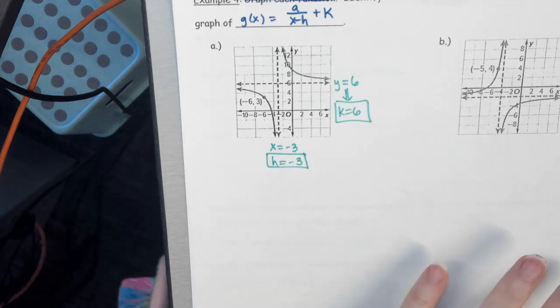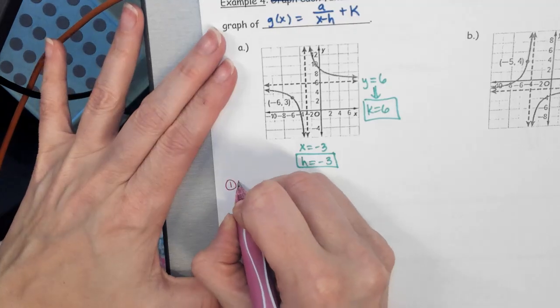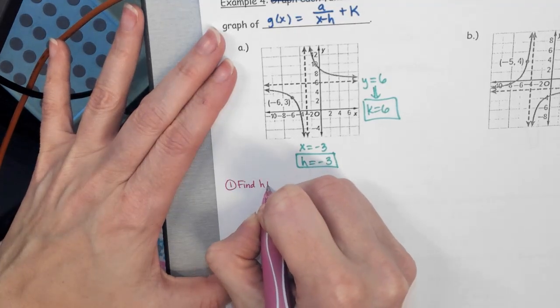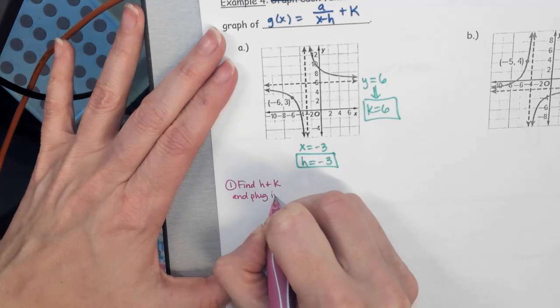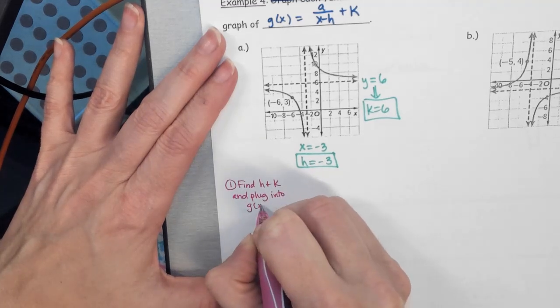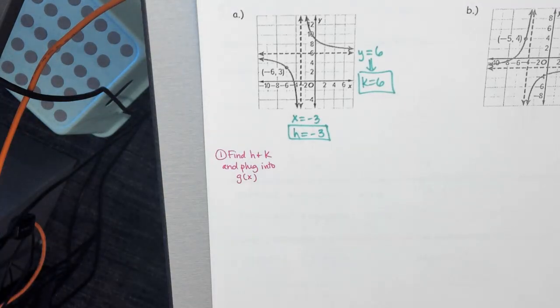Okay, so for the first step, we are going to find h and k. And we're going to plug those into g of x.